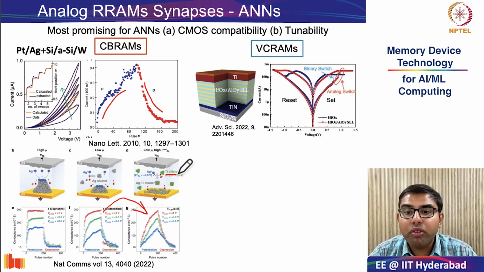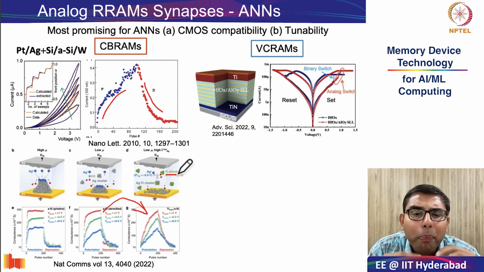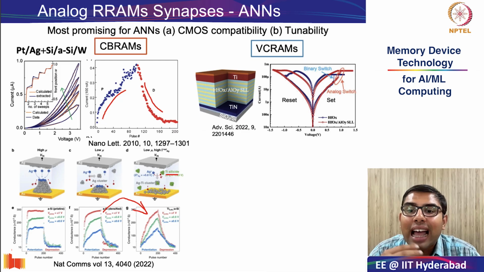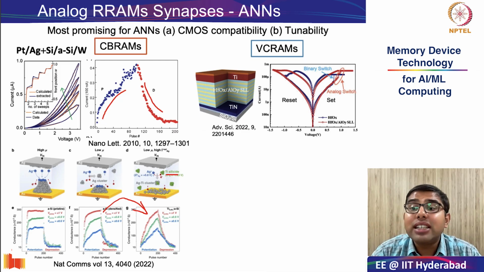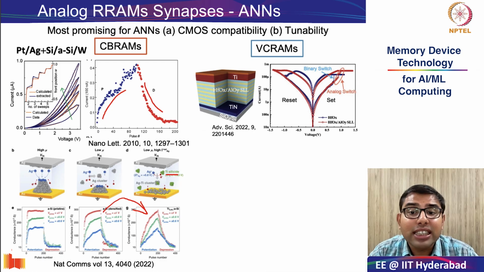Now, next we will move to valence change RAMs or VCRAMs, which operate on a slightly different principle. Here, instead of ion motion, the resistance change, please try to recall, is governed by oxygen vacancy migration within metal oxides like HfO2 or TiO2.